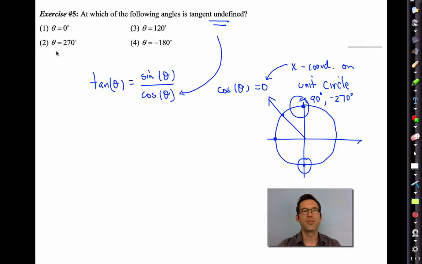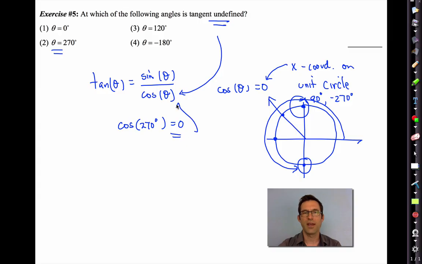So it's got to be the 270, and it is, right? The 270 is a rotation that does this, and in fact, the cosine of 270 degrees is equal to 0, which will make the tangent undefined. All right, pause the video now. Write down anything you need to there. All right, I'm going to clear out the text.